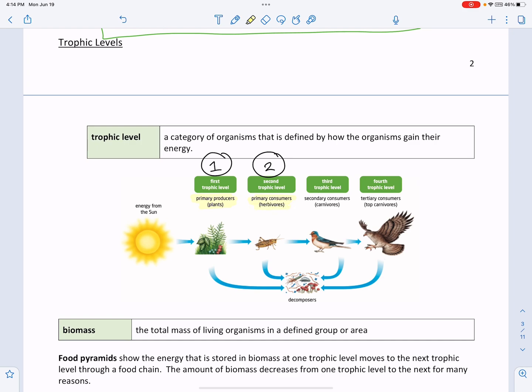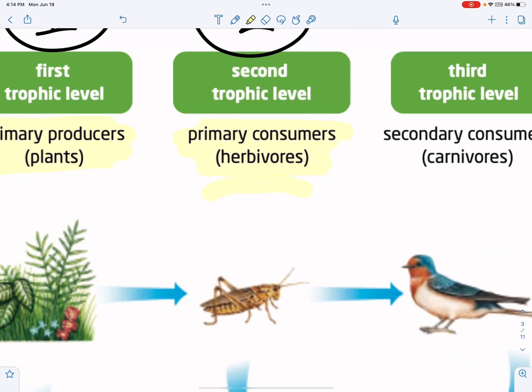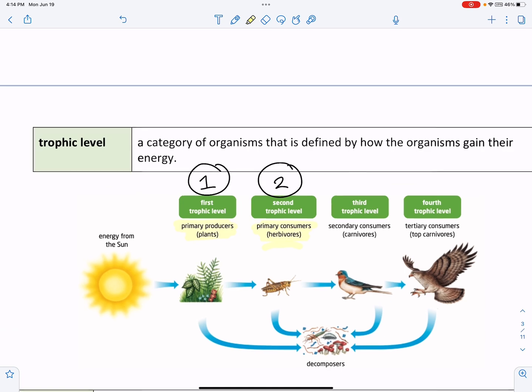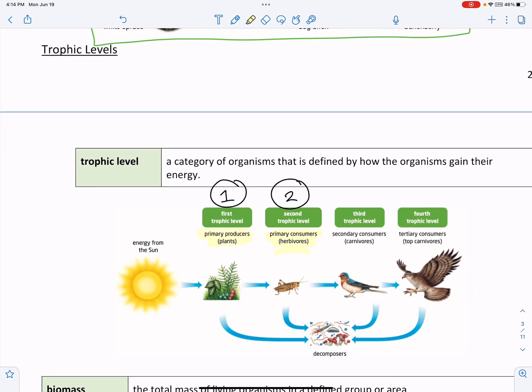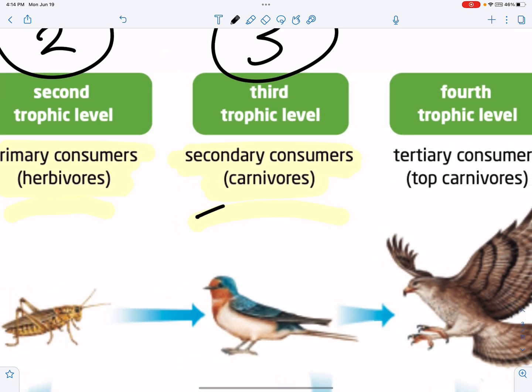Primary consumers eat only plants. We call them herbivores. Herbivores are eaten by secondary consumers. Secondary consumers are organisms that eat other animals. This is the third trophic level, and we call these organisms carnivores.